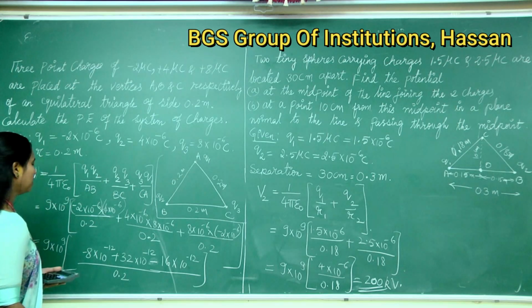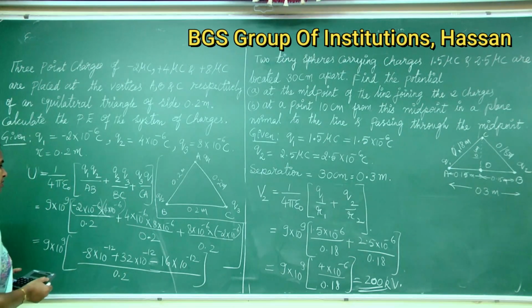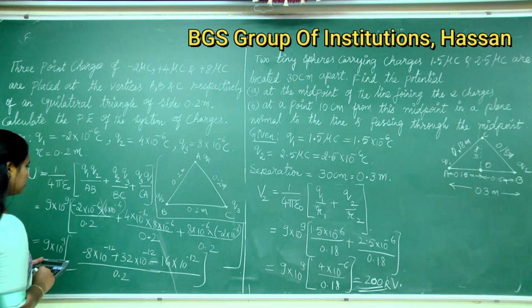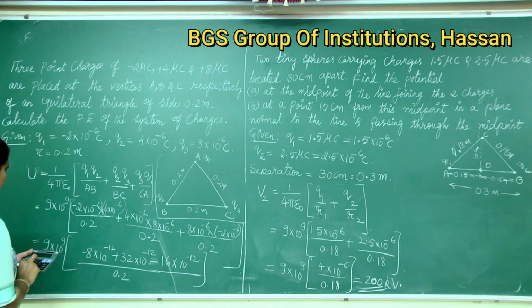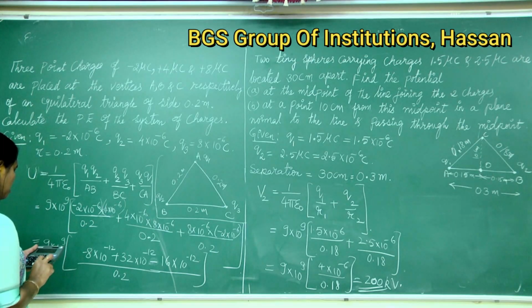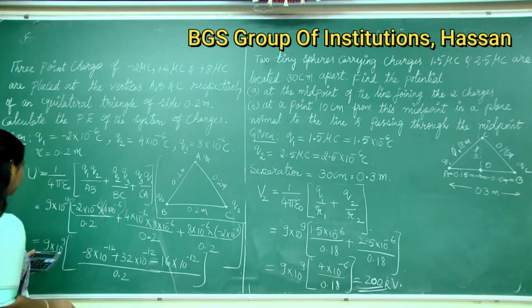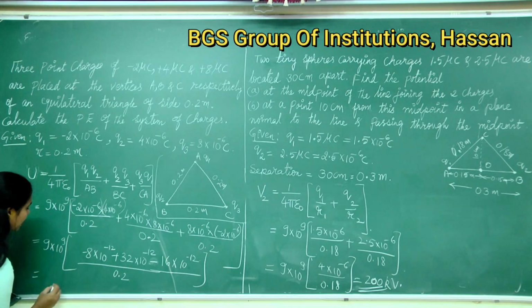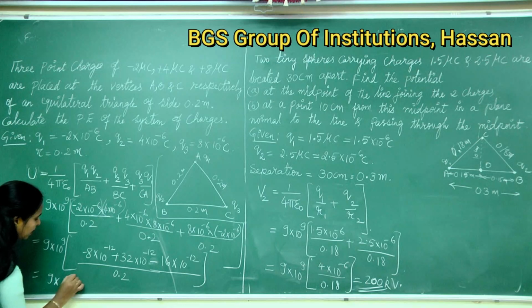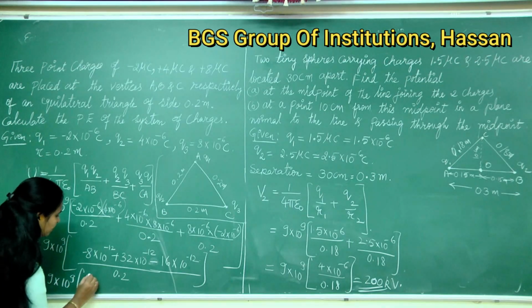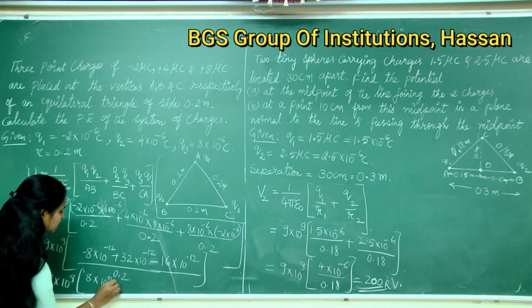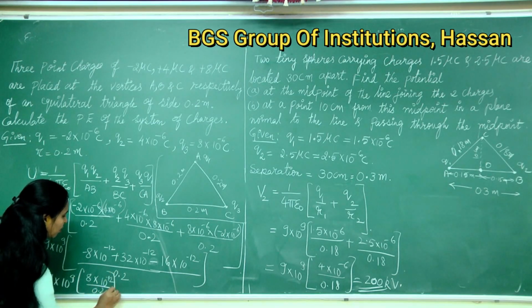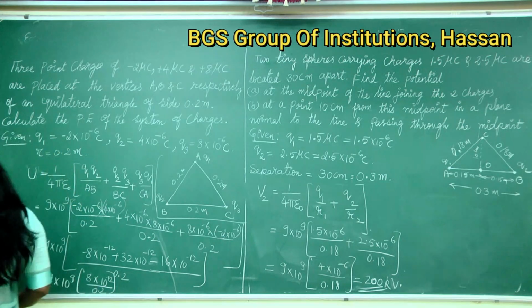Now do the addition and subtraction process. What is the value? 32 minus 8 minus 16. 16 8 is 24. Subtract it from 32. We have 8. 9 into 10 power 9 into 8 into 10 power minus 12 divided by 0.2.